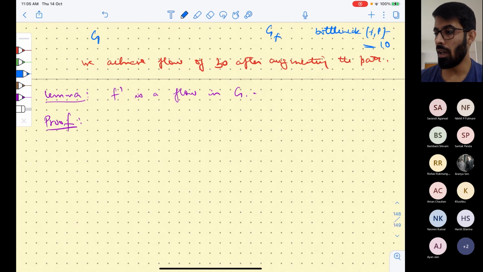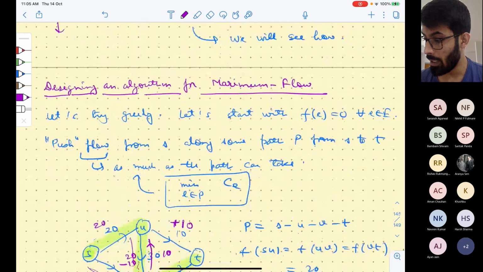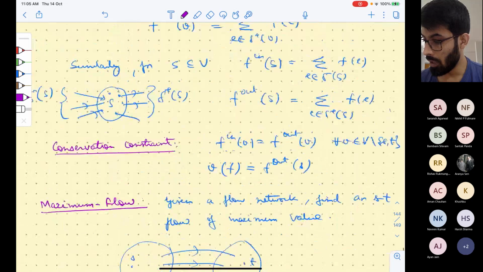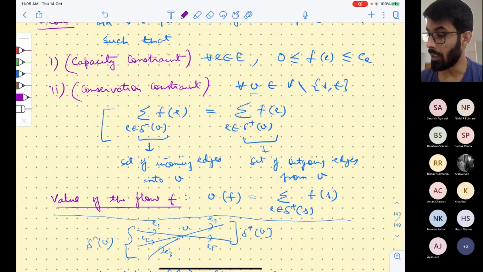So now, how do we show that? For this, we need to show the two constraints. For anything being a flow, there were two constraints, right? Which were the conservation constraint and the capacity constraint.